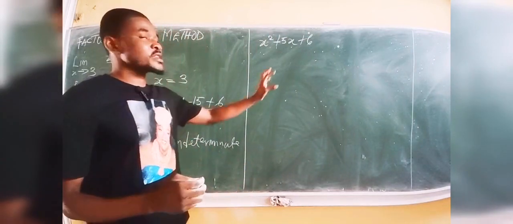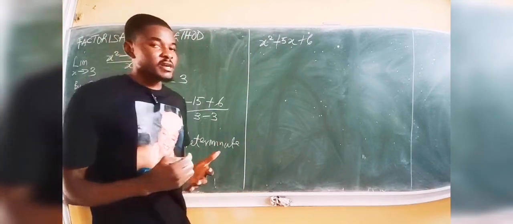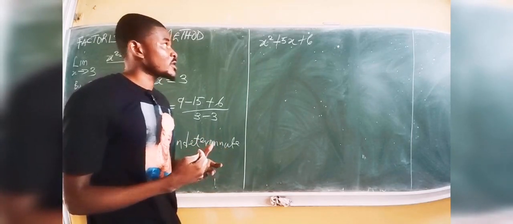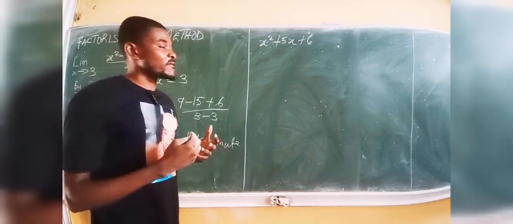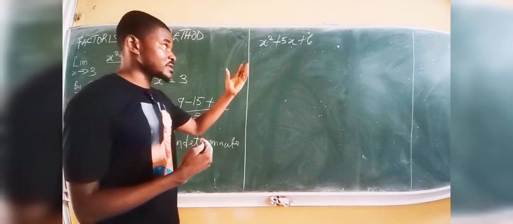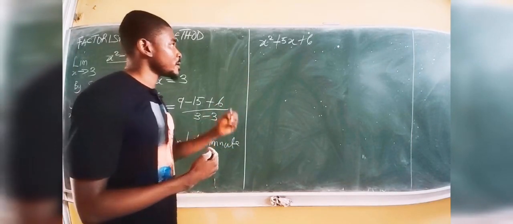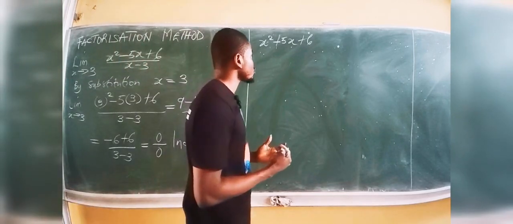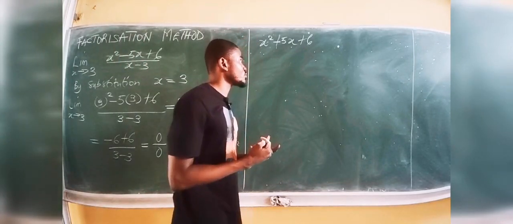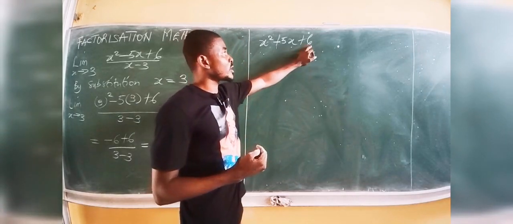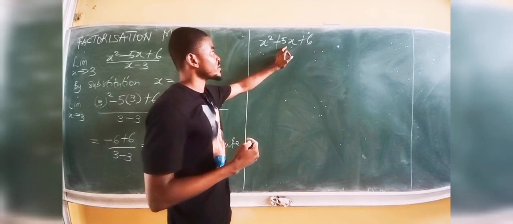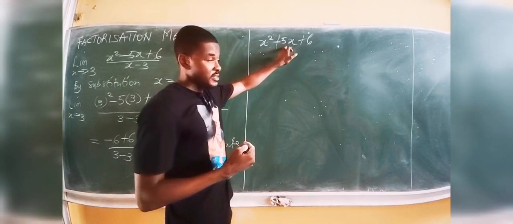You can either equate this to 0 and solve with the general formula to obtain the values of x, or you can simply use the factorization method, which I think is best in this case. From the factorization method, you look for two numbers such that when you multiply them, you get the constant value, and when you add them, you get the coefficient of x.